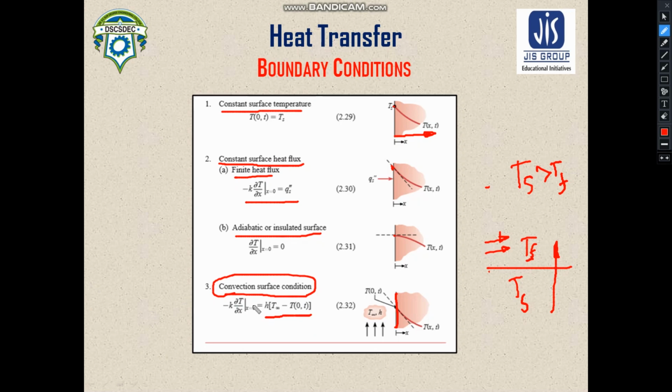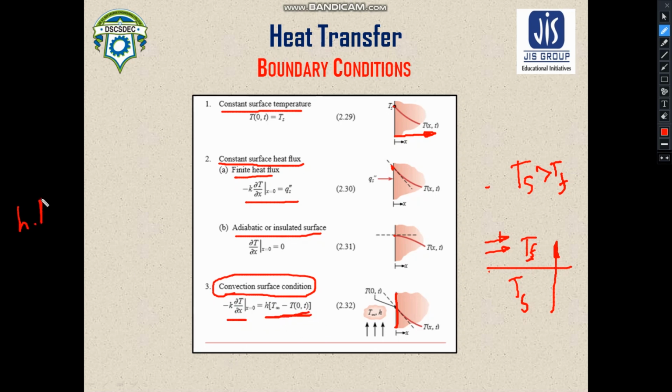Since we are not acquainted with Newton's law of cooling, you will not understand this formula, but the physical concept is that when there is a convection heat transfer going on, you can apply these boundary conditions at the interface of the surface. And at the interface the conduction heat flux would be equal to the convection heat flux.